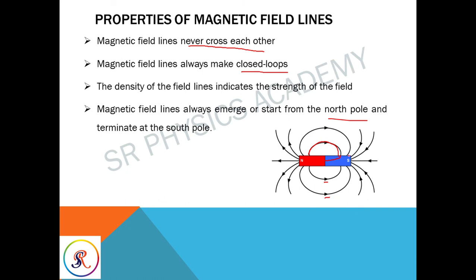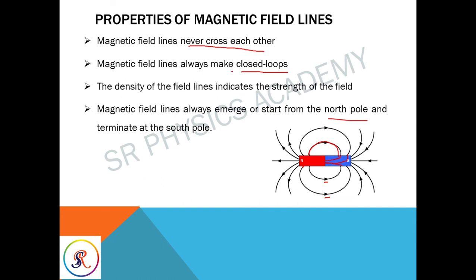Again the second line is joined till this end. Same way it comes from the north to the south pole. After that, this line again joins towards the north. Like that. It's clear now.